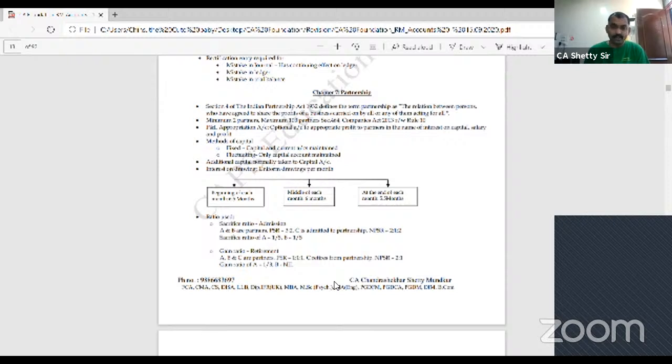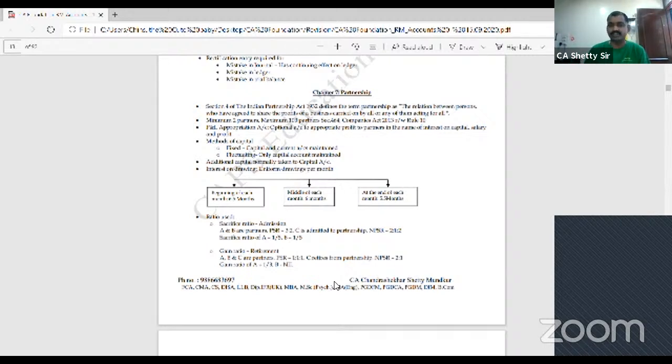So, my dear friend, the common mistake we make here is we miss the section. You should not do that. Very important section. You must remember. Section 4. Next, the relationship we say. The relation between persons who have agreed to share the profits. Don't use the words profits and losses.